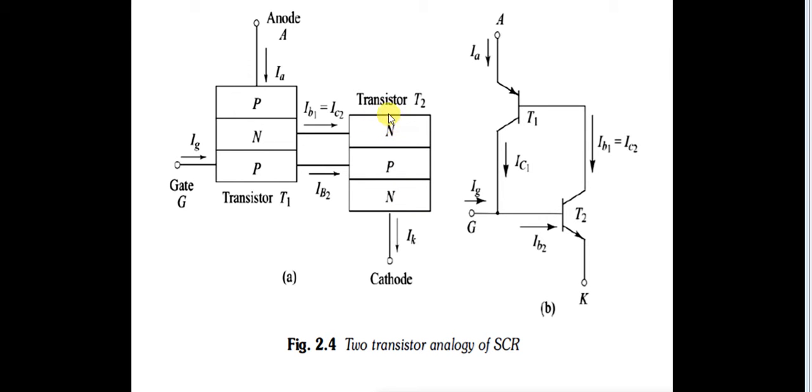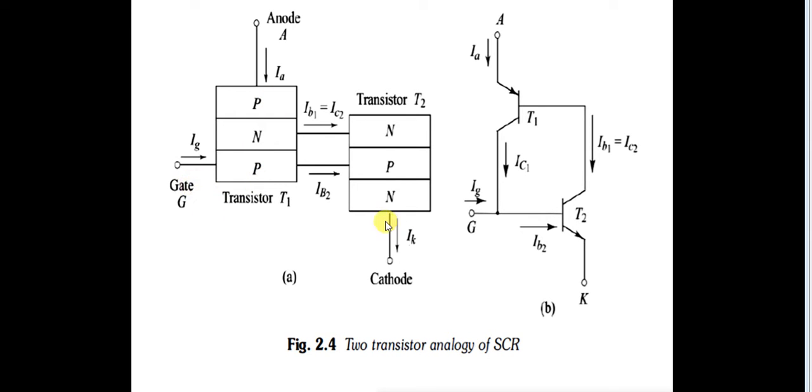We will once again look at the terminals and how they are configured. In transistor T1, the anode is the emitter of transistor T1. The collector of transistor T1 is the gate.